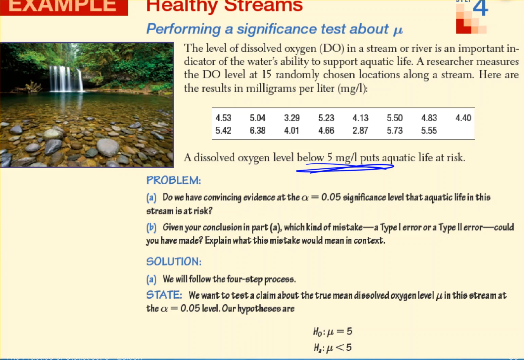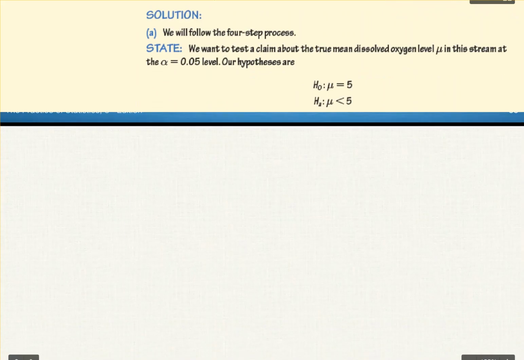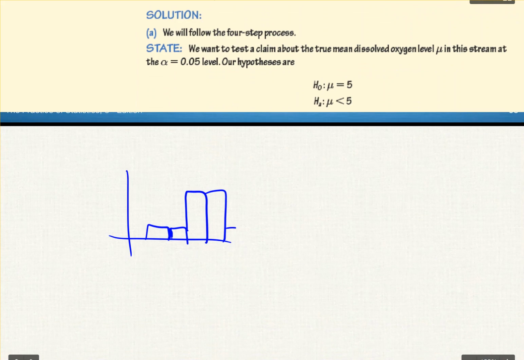Now again, on the AP test, you can actually do this on your calculator, but you can't just say looking at them on the calculator. You should draw a quick sketch. You don't have to connect that line, but just draw probably a little bit better than what I did here.